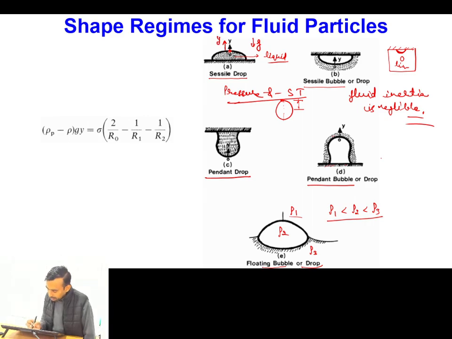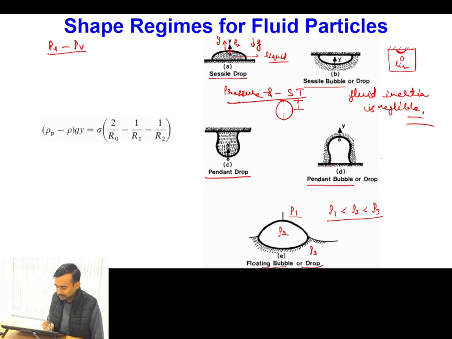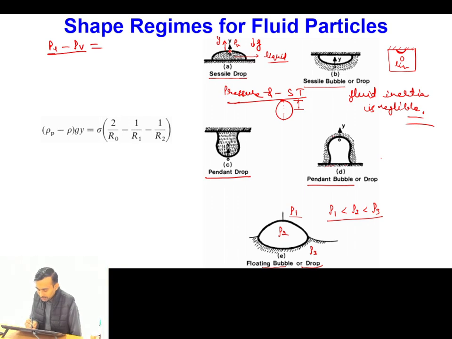At this point, pressure from inside is PL and outside pressure is PV. What will be PL minus PV at this particular point? If you see, this spherical droplet will be symmetric about this point.